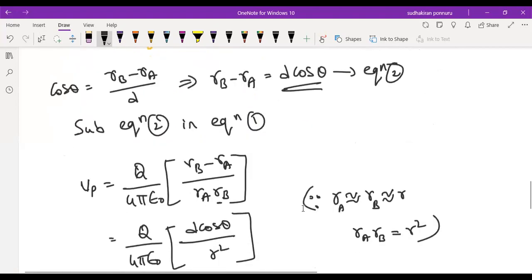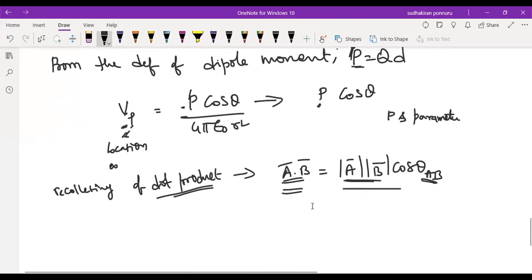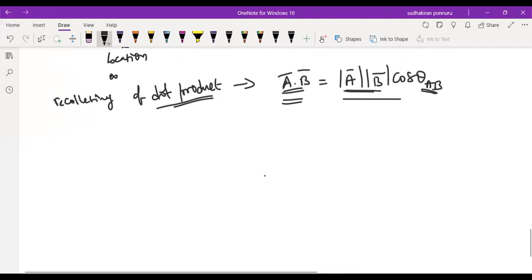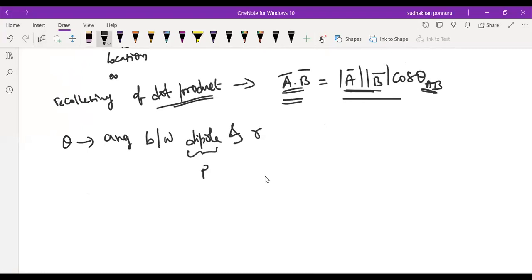Here I am writing separately: theta is the angle between the dipole and r. The dipole is what we call the dipole moment. So that is P and r.